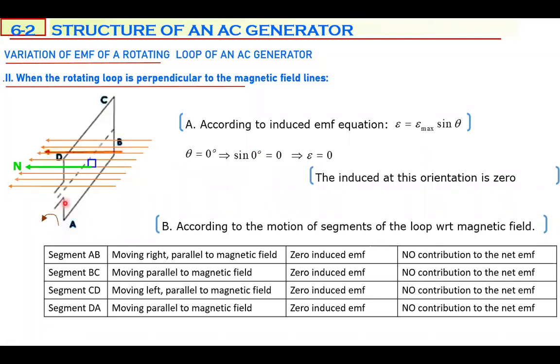Yes, the loop is perpendicular, but the segments are moving parallel to the magnetic field lines. So no segment induces any EMF. That's why the net induced EMF of the loop becomes zero at this orientation.